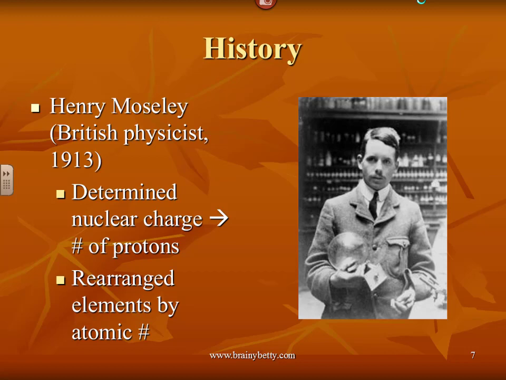If you go by atomic number, then you have the current arrangement that we have over there. So most of the time, atomic number and atomic mass trend together. If one is higher, then the other one is higher. There are a couple of spots, and cobalt and nickel is one of them, where those two things would be switched around. So Henry Moseley discovers the nuclear charge, and he rearranges the table by atomic number.